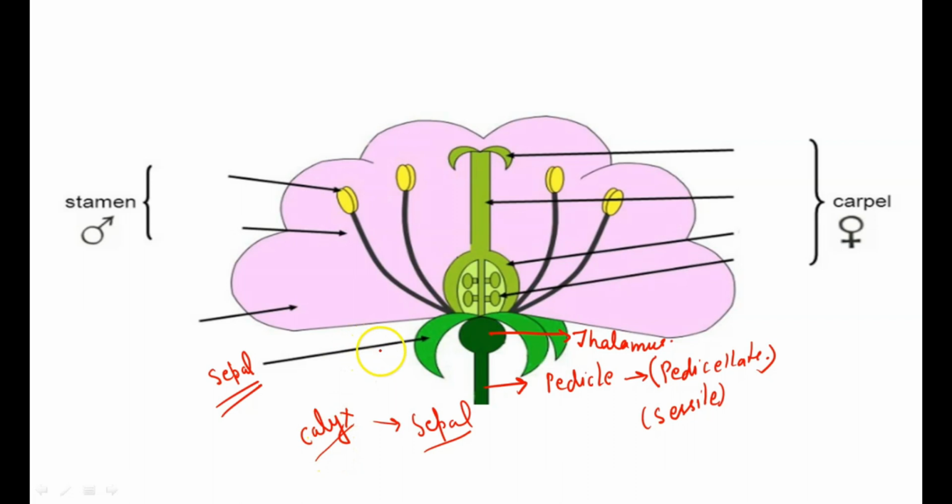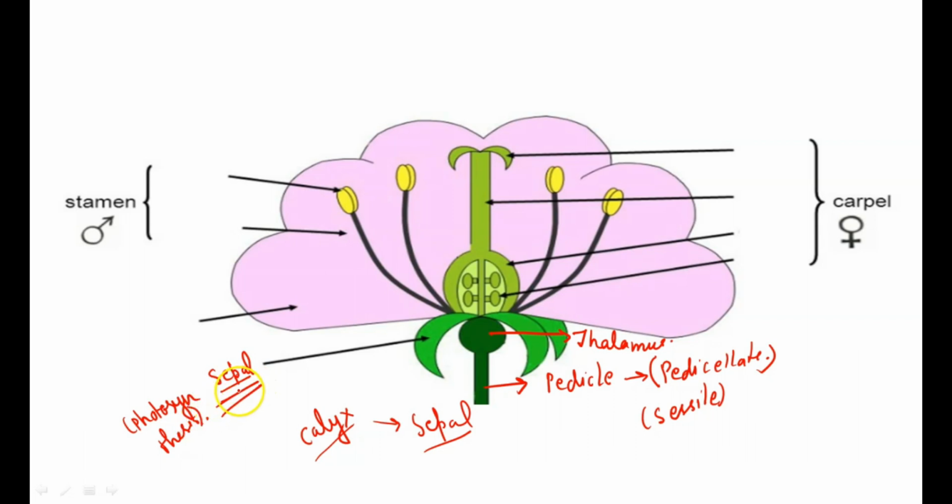This is the very first whorl of the flower and it is placed just after the thalamus, right? And it is green in color. That means it can do photosynthesis also. Also, it is the outermost layer and works as protector for the bud. When the flower is in the stage of bud, it is the calyx which protects it. We already know that the units of calyx are known as sepals. You must remember this thing.